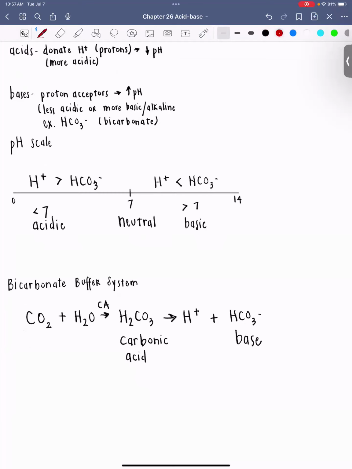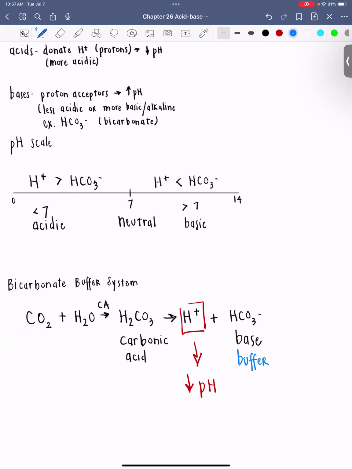The hydrogens that are released are going to decrease the pH of the solution. To prevent the pH from becoming too low, the bicarbonate is going to act as a buffer. Buffers are one or more chemicals that prevent large changes in the pH.